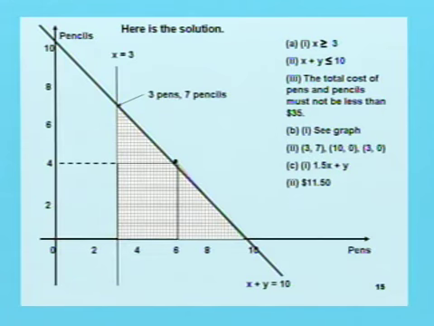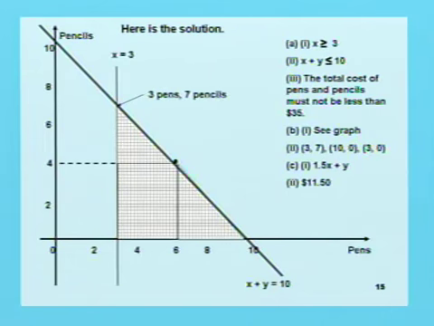The next part, we have to establish the line x plus y is equal to 10. Notice the sloping line going down from the point 10 on the y-axis to the point 10 on the x-axis. That line, if the points are plotted, will be the line x plus y is equal to 10.